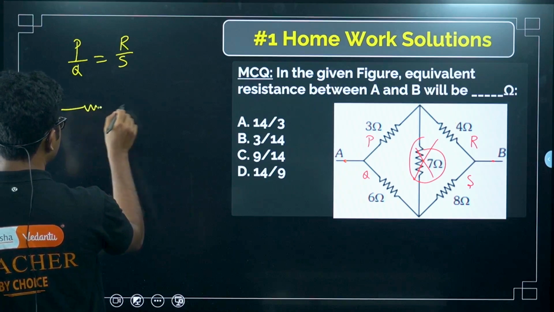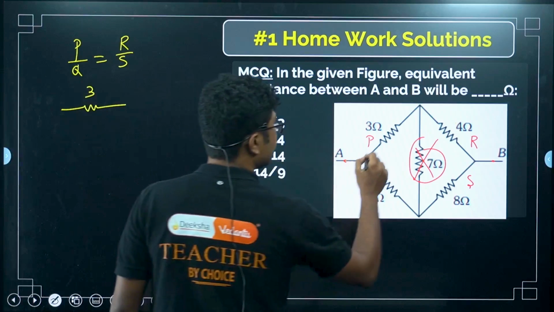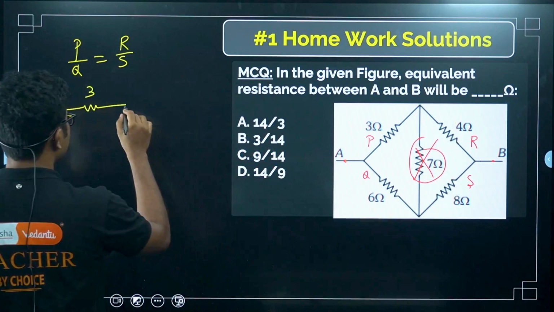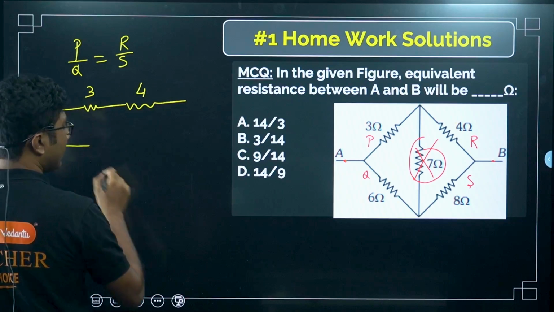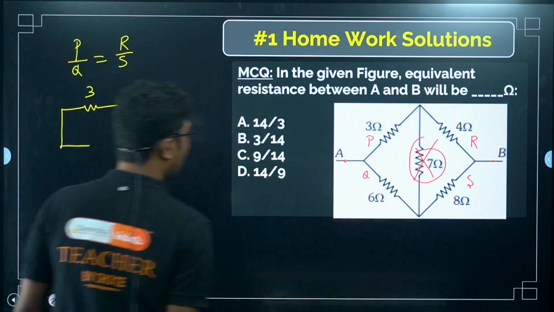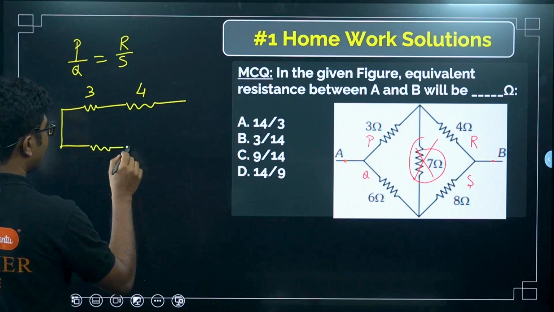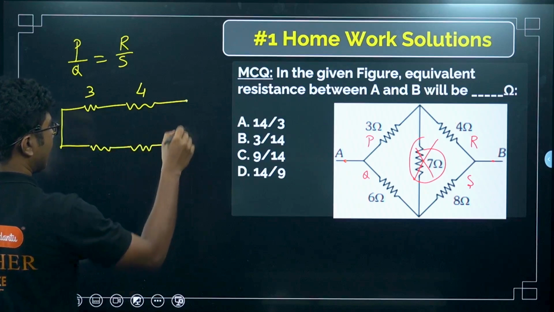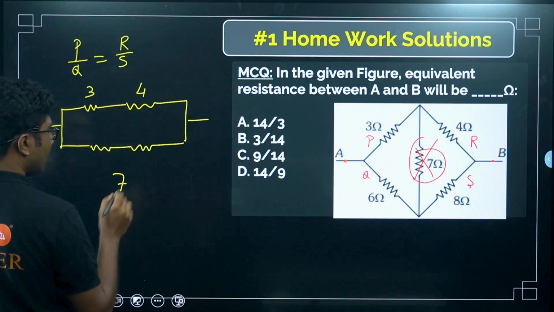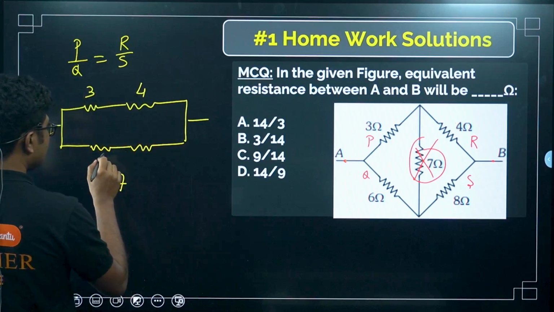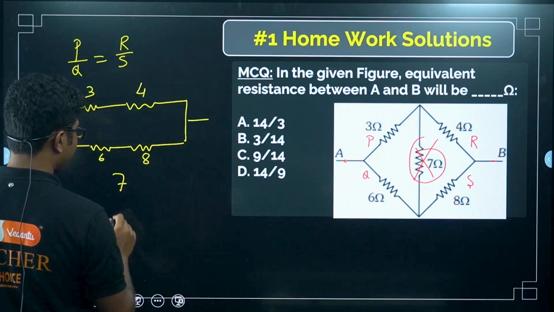What is the equivalent resistance? 3 and 4 are in series, and 6 and 8 are in series as well, and the two branches are in parallel. So 3 plus 4 is 7, and 6 plus 8 is 14.